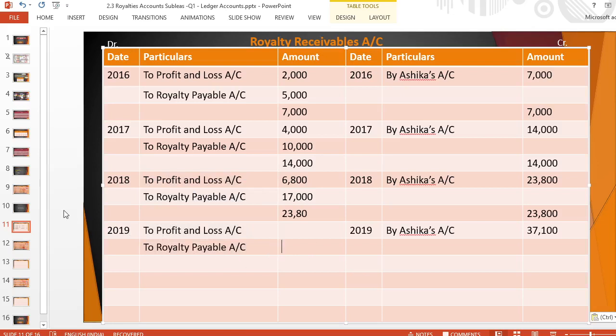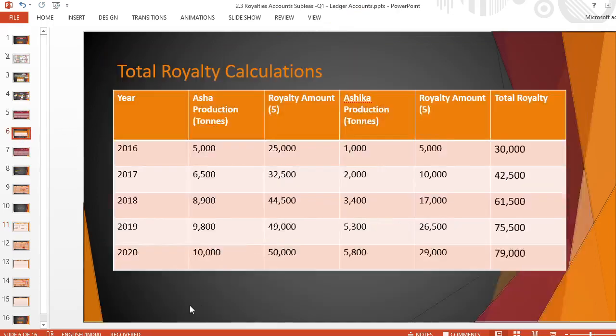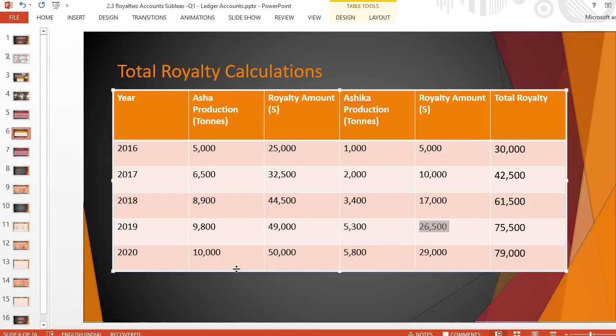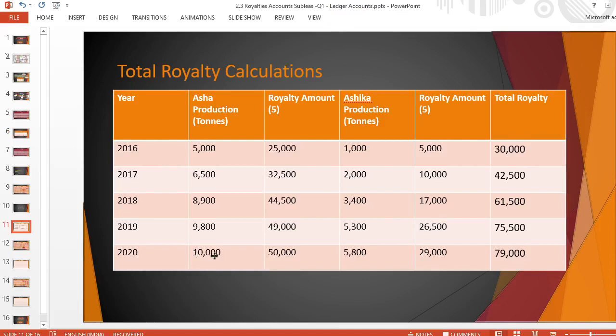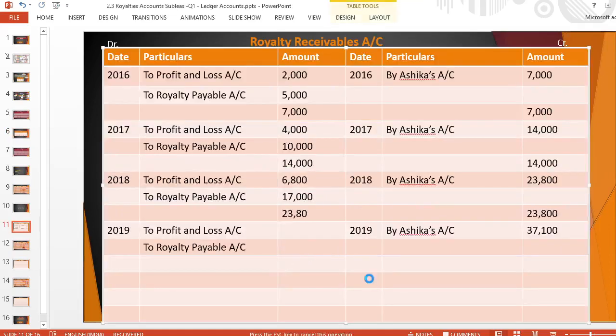So I should check the royalty payable. So in the royalty payable account also we can check for the cross verification. So in the royalty table we have posted an entry for the adjusting amount. So here the adjusting amount for the year 2019 was 26,500. I'll write royalty payable account 26,500.